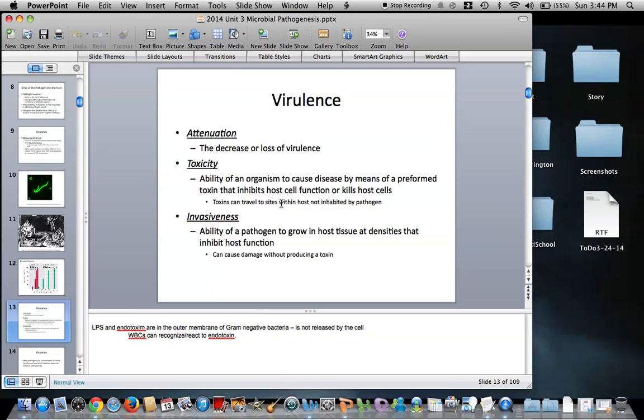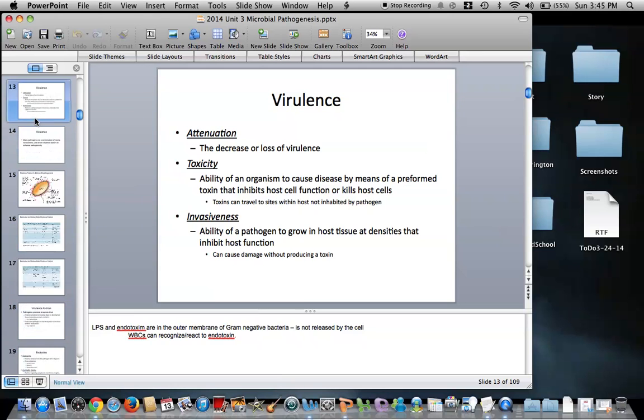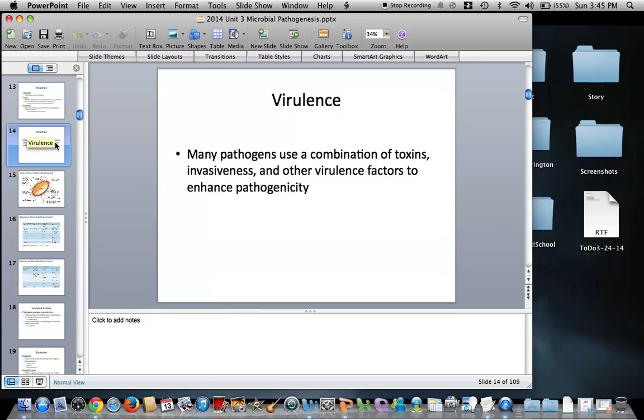And can this travel beyond the pathogen? Invasiveness, ability of a pathogen to grow in host tissue at densities that inhibit host function. So that's just, instead of producing any type of toxin, you're growing in places you shouldn't. Kind of the way a lot of the disease phenotypes from cancer work.